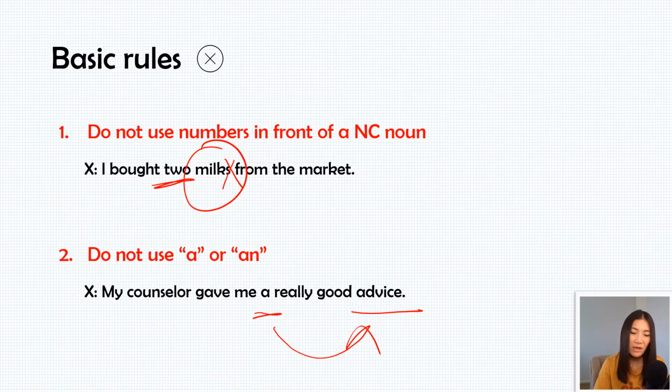The articles a or an indicate that the noun that you're talking about is singular, meaning there's only one of it. But just like number one, it says we're not allowed to use a number in front of a non-count noun. So number two is very similar. Even though it's not a number, a or an is saying that there's one of something. Therefore, you're not allowed to use a or an in front of a non-count noun.